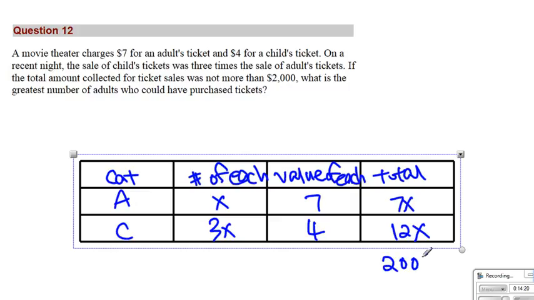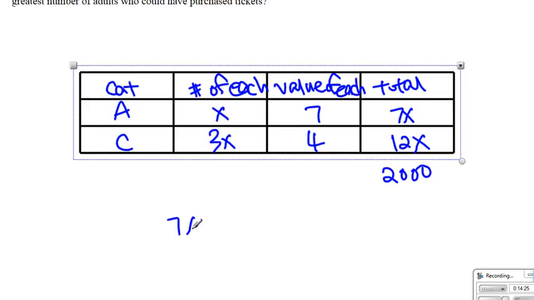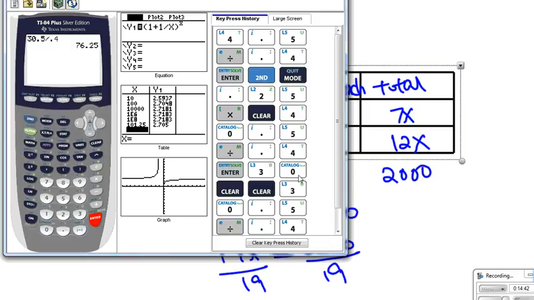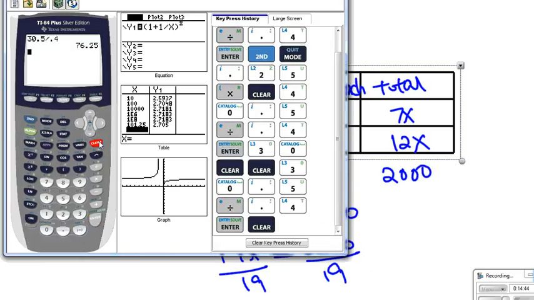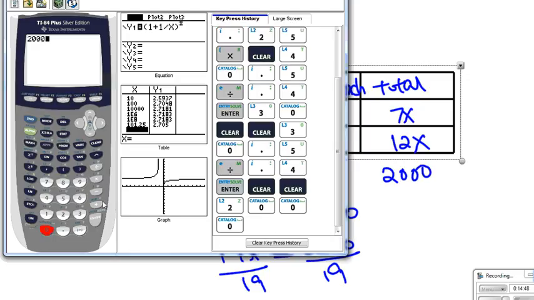So that means 7x plus 12x is equal to 2,000, or less than that, right? We end up getting 19x, which is equal to 2,000. And when you divide by 19, let's look at it. So here we have 2,000 divided by 19.